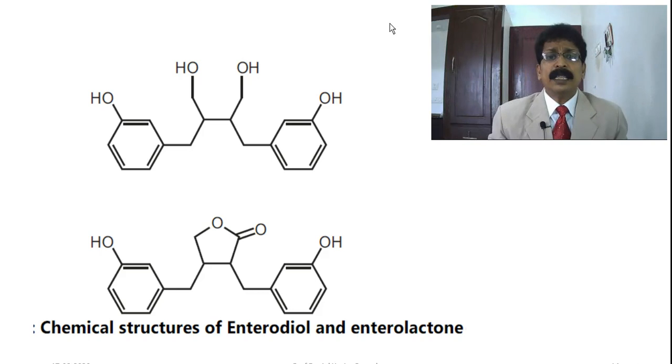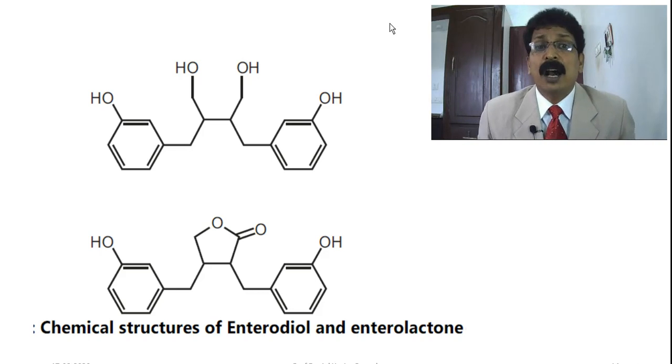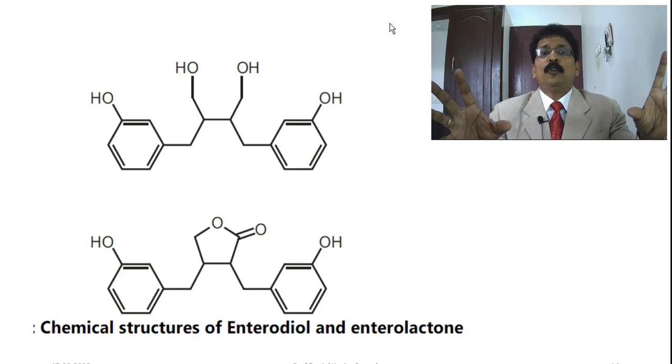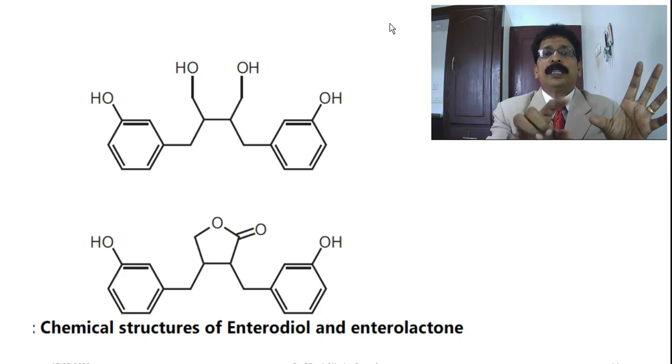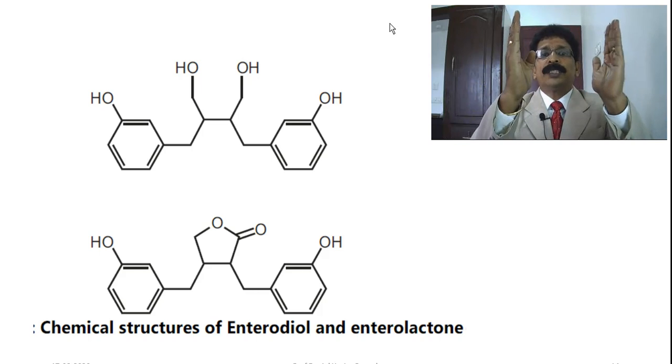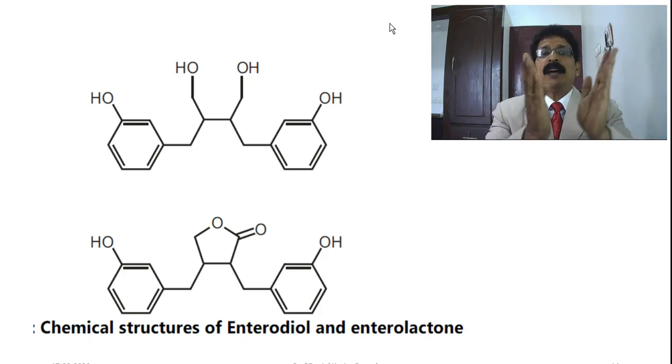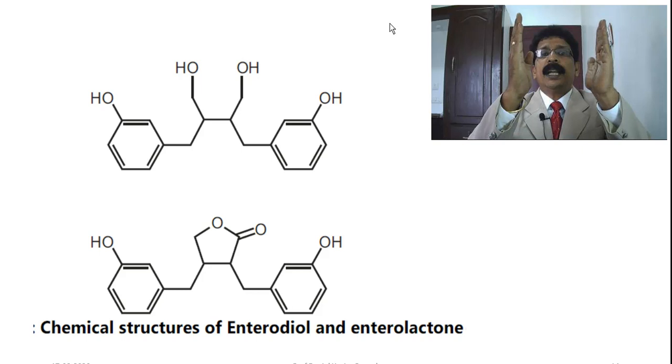They both are very simple. Enterodiol has two phenolic groups joined in their meta position by a chain of four carbon atoms, which have OH groups at the top.